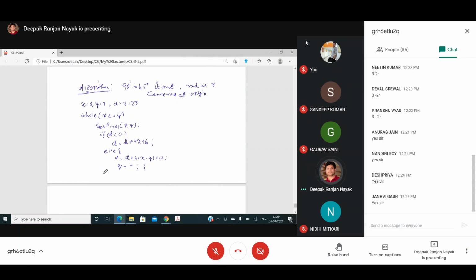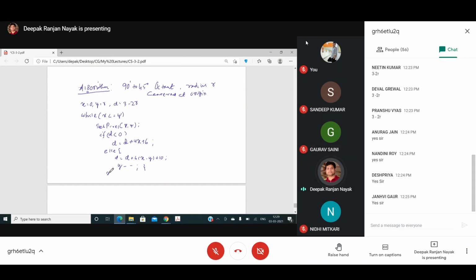In the if part, I am not increasing or decreasing the y value, because if the d value is less than 0, the y value will remain the same. However, if d value is greater than or equal to 0, my y value will decrement by 1.